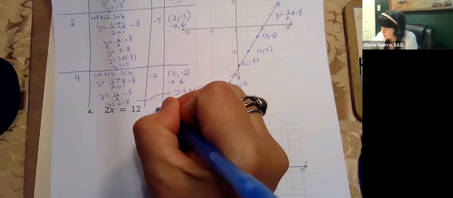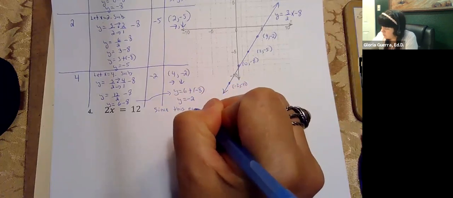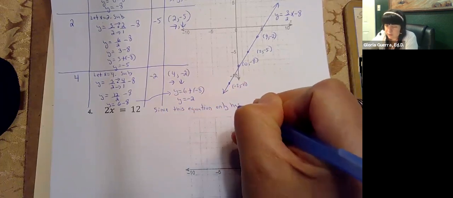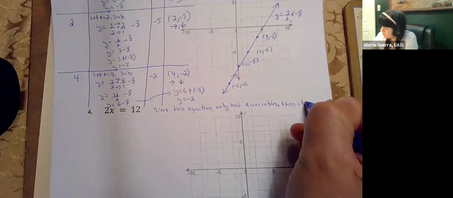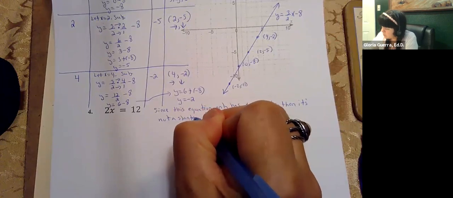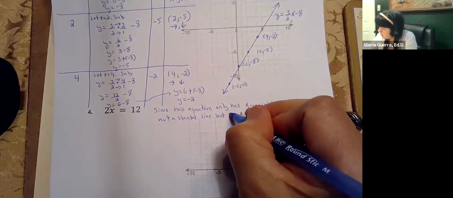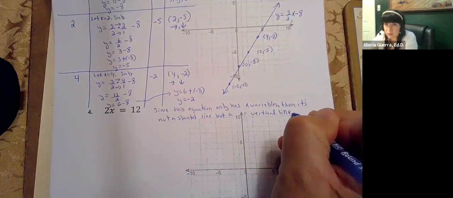a vertical line. So I'm going to say here, since this equation only has x variables, then it's not a slanted line, but I'm going to show you that it's going to be a vertical line.